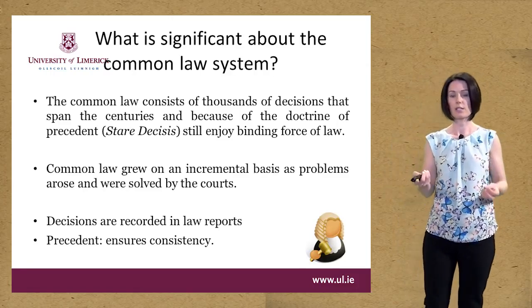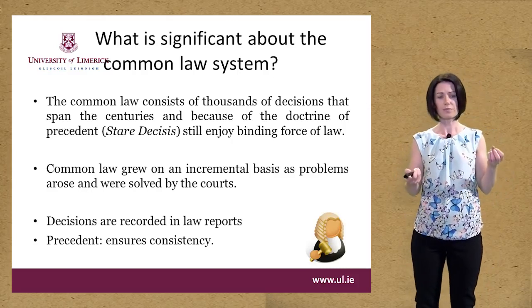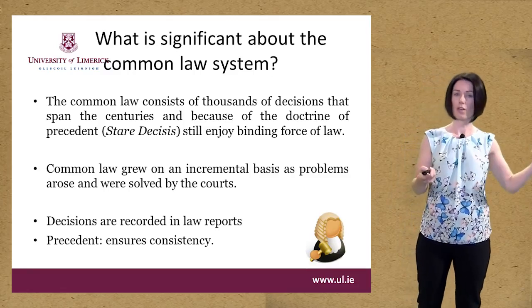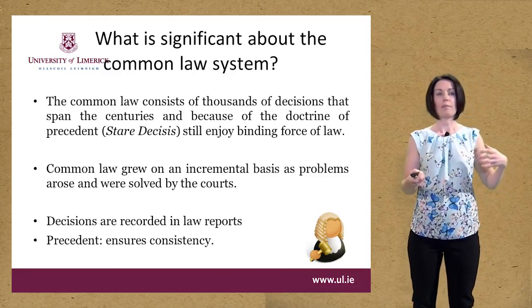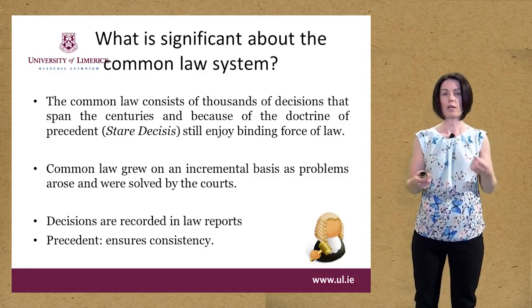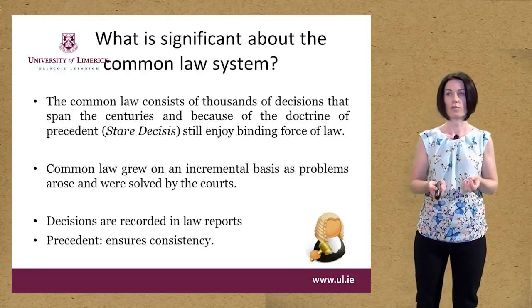So basically it's a system of judicial decision making where judges of later courts have followed the decisions of earlier courts. So it's based on a system of judicial authority, and over time it has developed as a binding force of law.